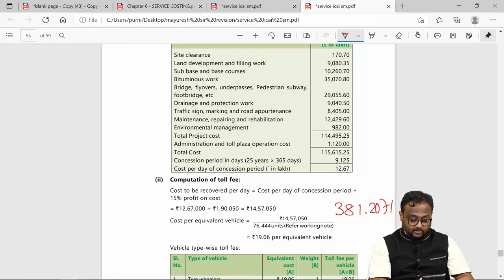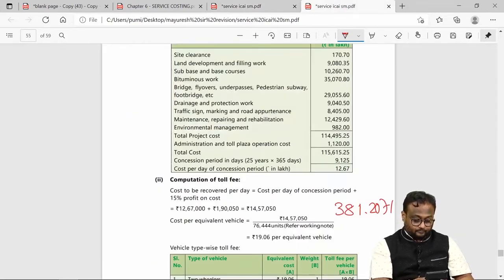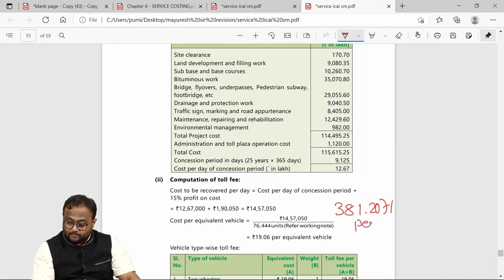So 14,57,050 divided by 3822.2 is 381.2071 something. This is what you have per day.